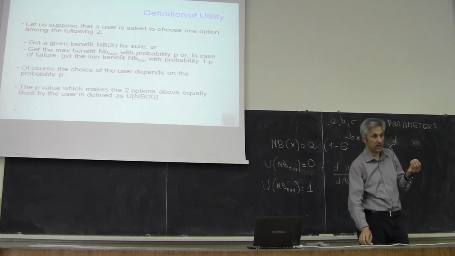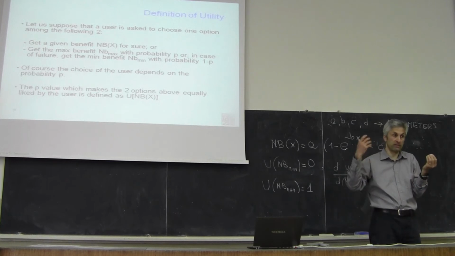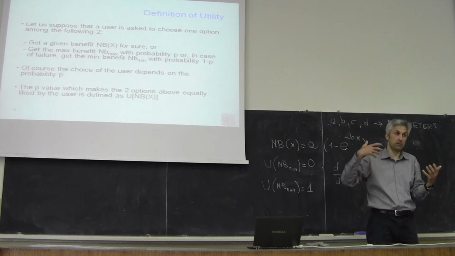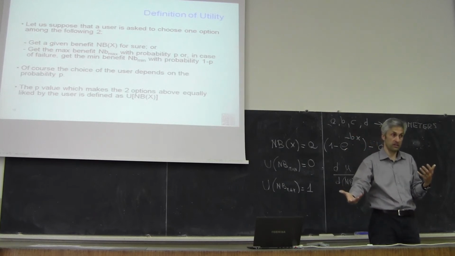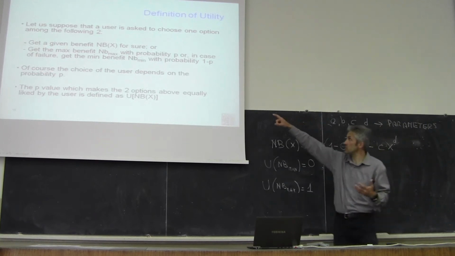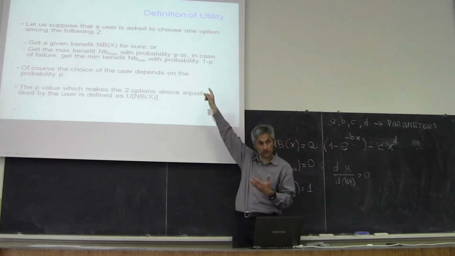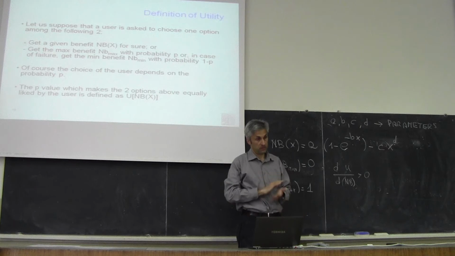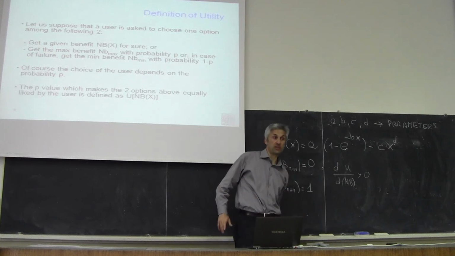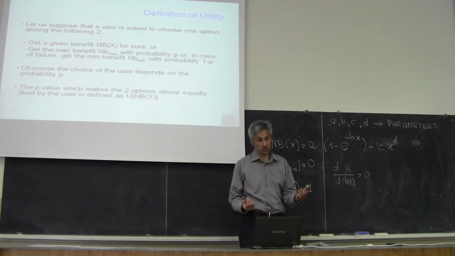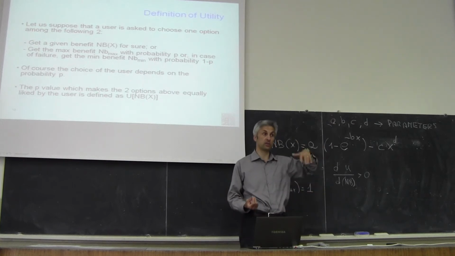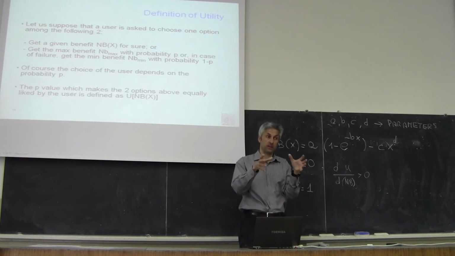Because if you give a very high probability of getting 500, he would prefer to take the risk because the probability of being successful is very high. So the p-value that you see here, which is generic, matters in the decision. If the probability of getting the maximum is very reduced, which means that the probability of getting 0 is very high, then the user would prefer to take the benefit for sure.